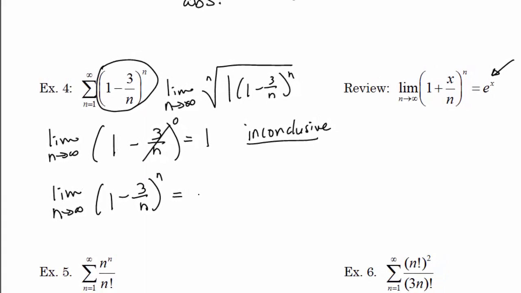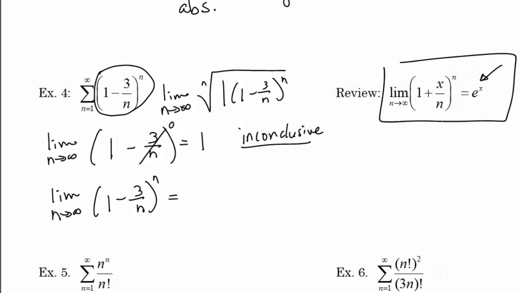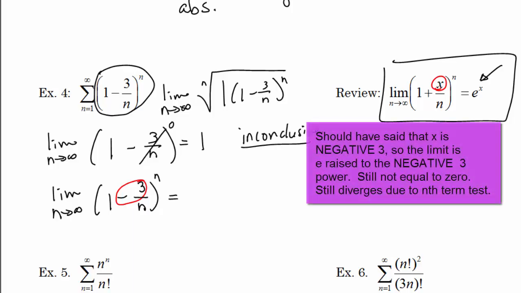And that's where we need to remember this. Do you see how that x is now 3, but everything else matches, so it's going to be e cubed. And again, you can go way back to the chapter where we did L'Hopital's rule, and you will see that we actually did that limit.